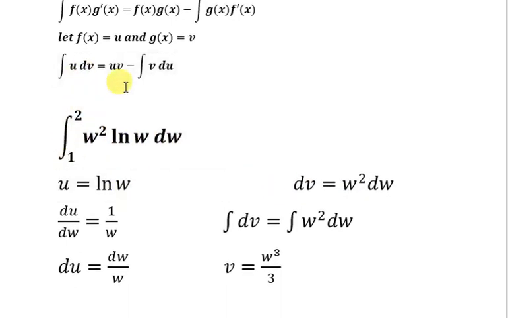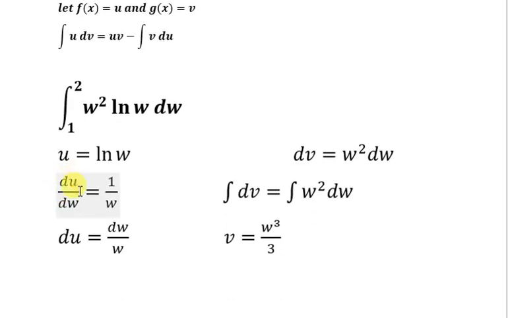Now note that the right side of the setup requires us to get the v, and also requires us to get du. We also need u, but u is already given as we have already chosen it. So what we need mostly is v and then du. Having u in place, we can derive du by differentiating what we have here.